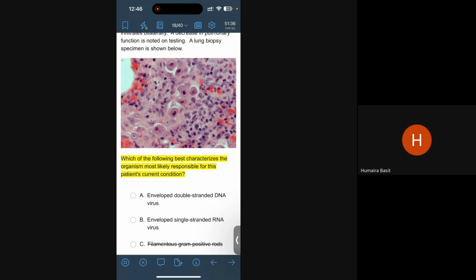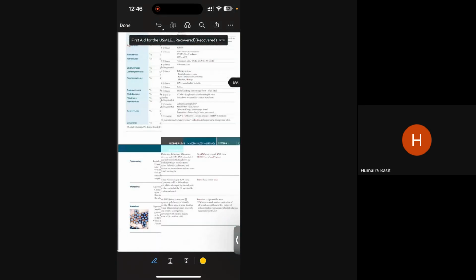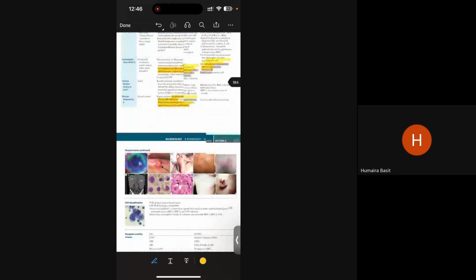Even if the person does not have an infection of cytomegalovirus, we still start the prophylaxis because it is the most common post-transplant infection.